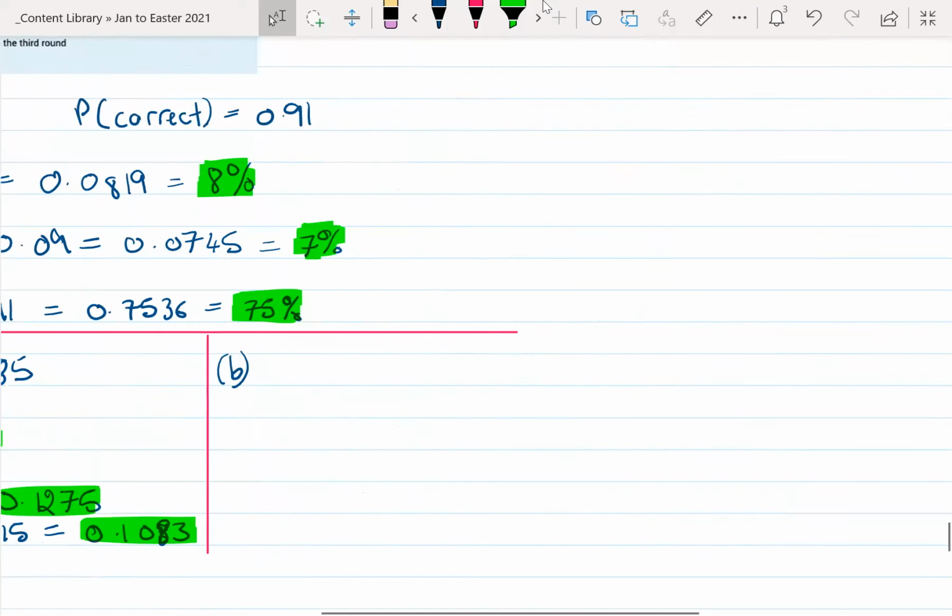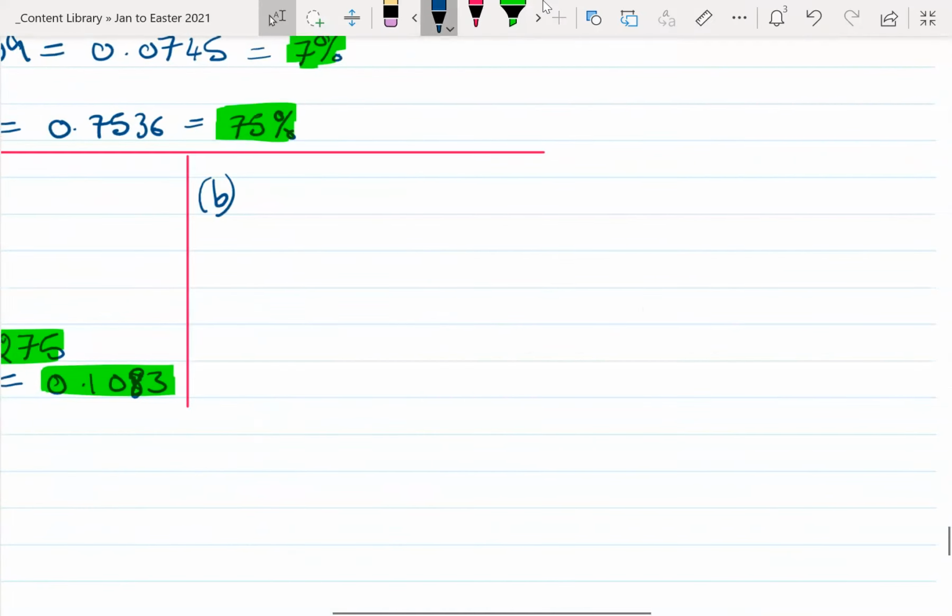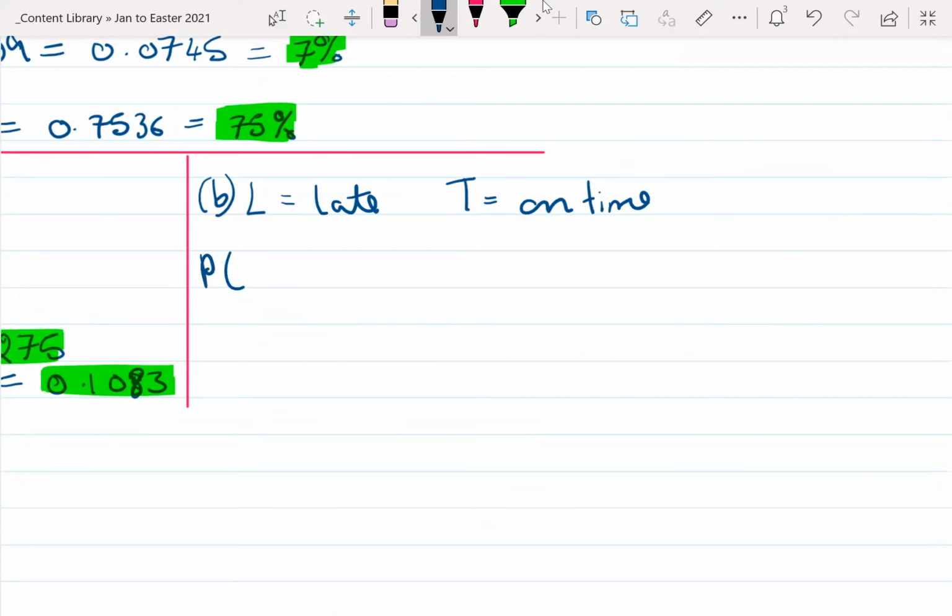Okay, let's write down. There are a few ways you can do this, but I'll organize it this way. Let's say that L means late and T means on time. You can do whatever way you want. So we need to figure out the probability of him being late exactly once, and let's say it happens on the first day: late, then on time, then on time.